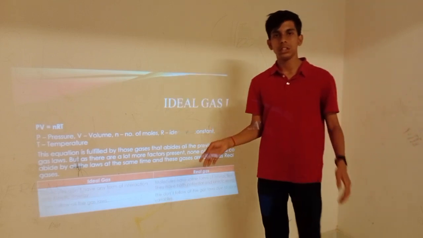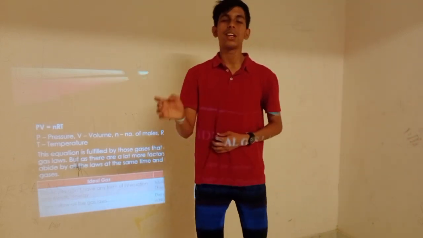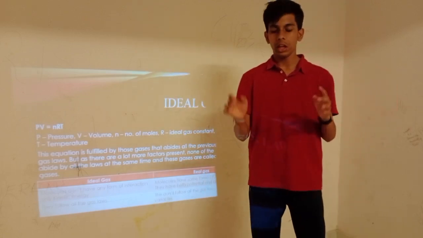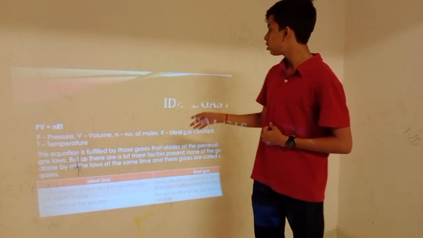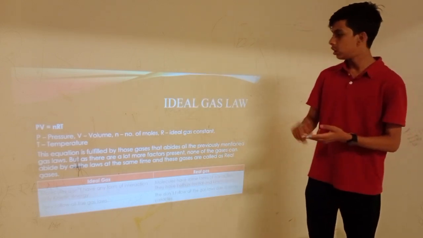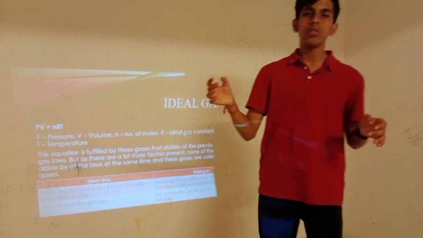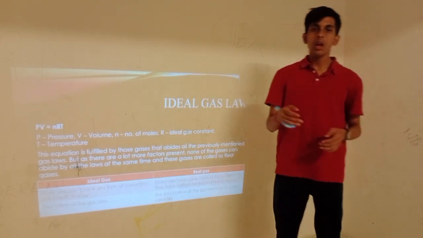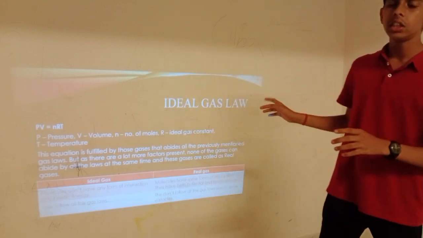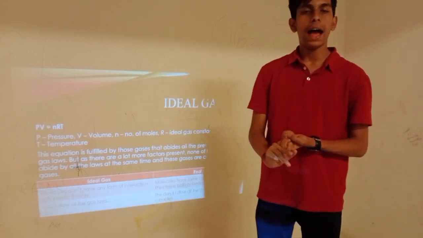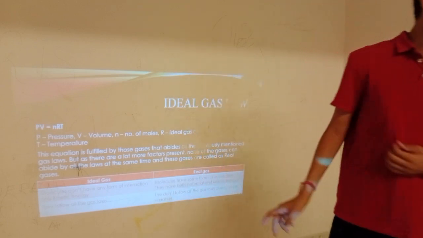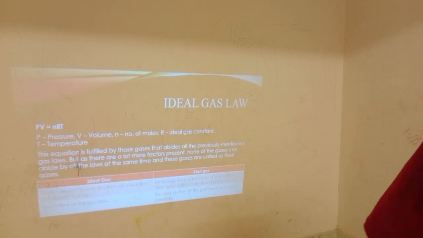Those gases are called real gases. It's not possible for us to acquire an ideal gas because when we calculate pressure, volume, and temperature at the same time, there are a lot of variables coming into play, which is why this equation can only be fulfilled in the ideal world, as with most equations at present.